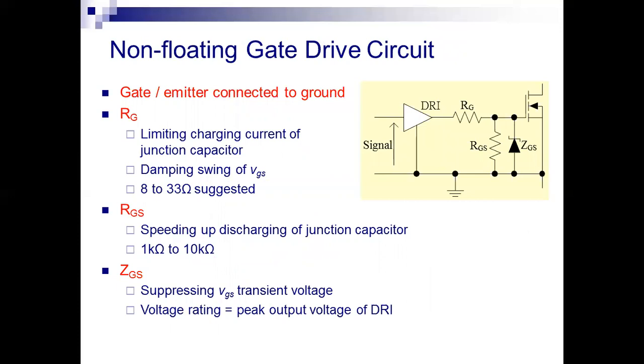To limit the charging current of the junction capacitor and damp the swing of VGS, 8 to 33 ohms is suggested, and for speeding up the discharging of the junction capacitor, 1 kilo ohm to 10 kilo ohm, suppressing the VGS transition voltage rating, the peak voltage output of a driver.